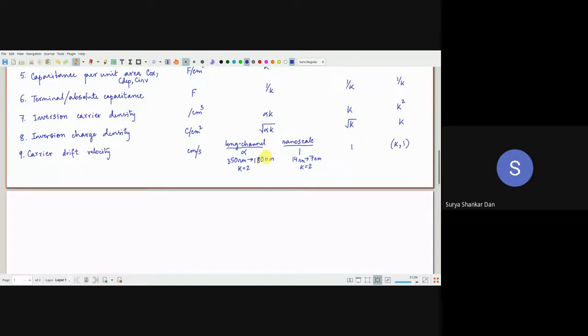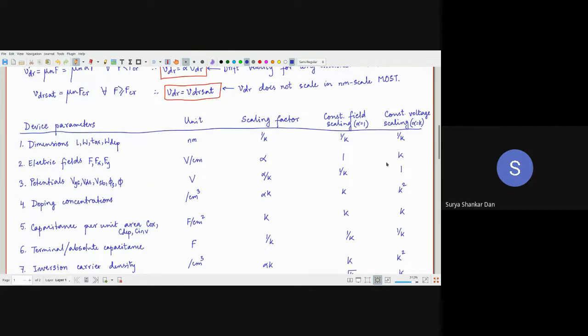So if it is a long channel MOSFET scaling, it is alpha, the scaling factor of the drift velocity. Whereas if you are scaling in the very small ultra scale devices, it will be 1. So basically the theory becomes bifurcated. I mean, it will become different if you are trying to do it for a constant voltage scaling.